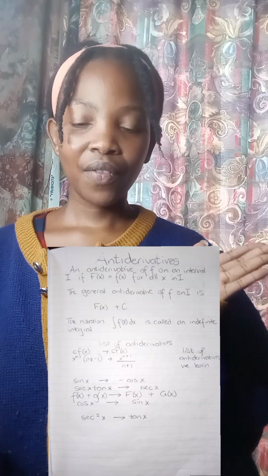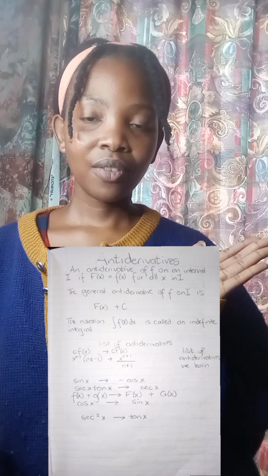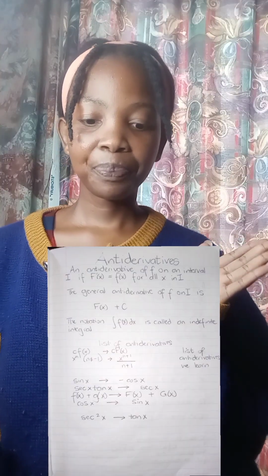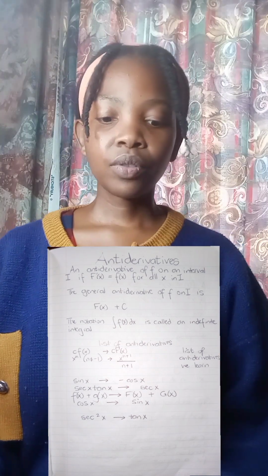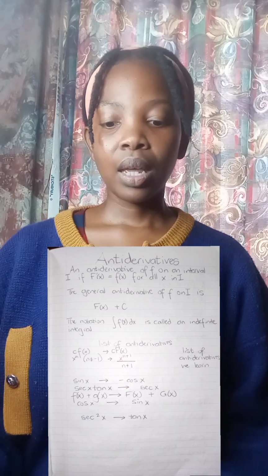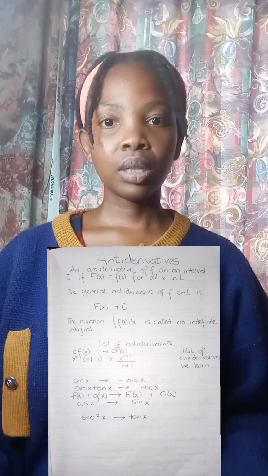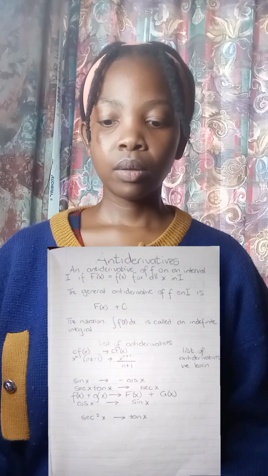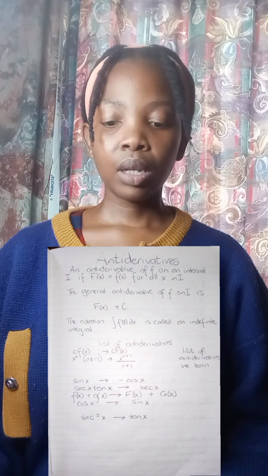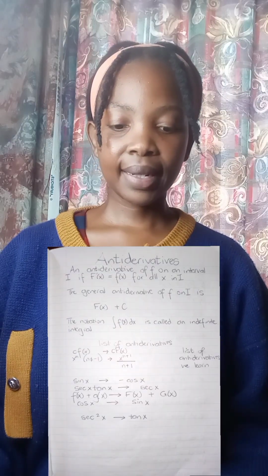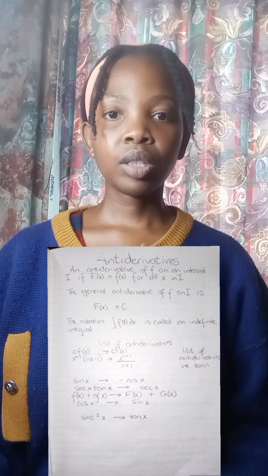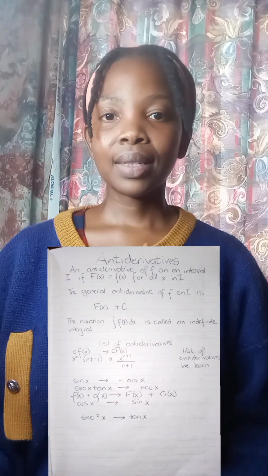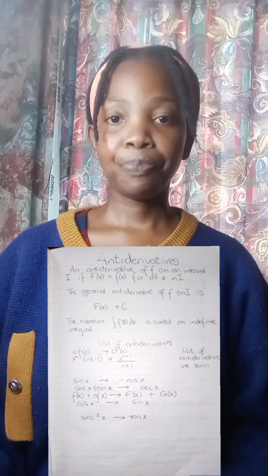The general antiderivative of f on I is F of x plus C. C stands for the generic constant, and the notation is the integral of f of x dx, and that is called an indefinite integral.